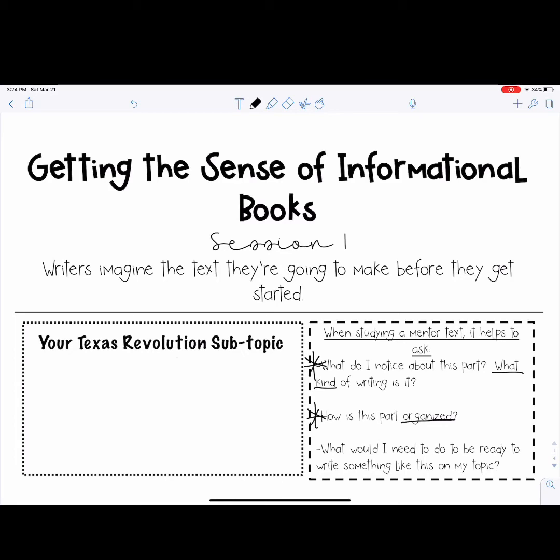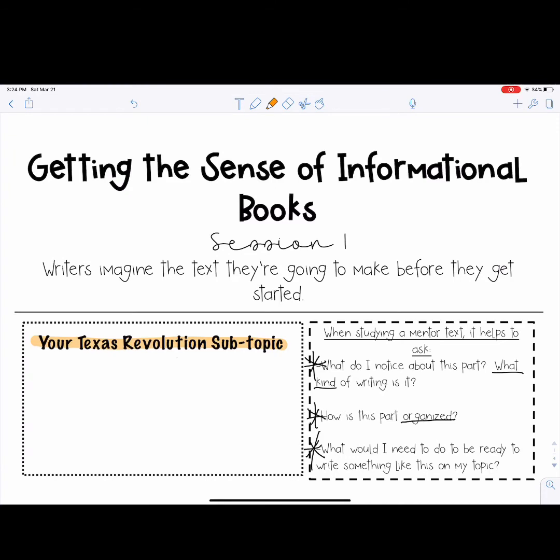The third question that we're going to be looking at is, what would you need to be ready to write something like this on your topic? Now, your topic is going to be the topic that you researched in Mrs. Koppelman's class on the Texas Revolution.